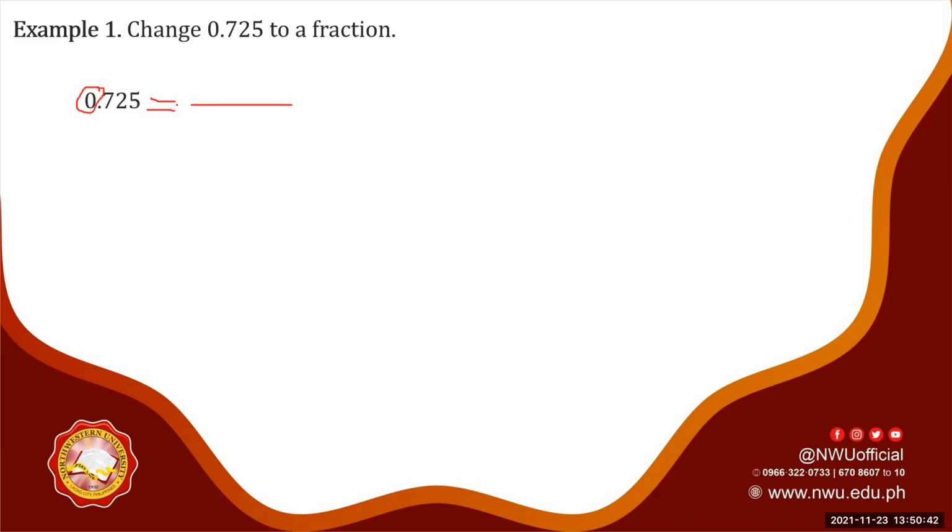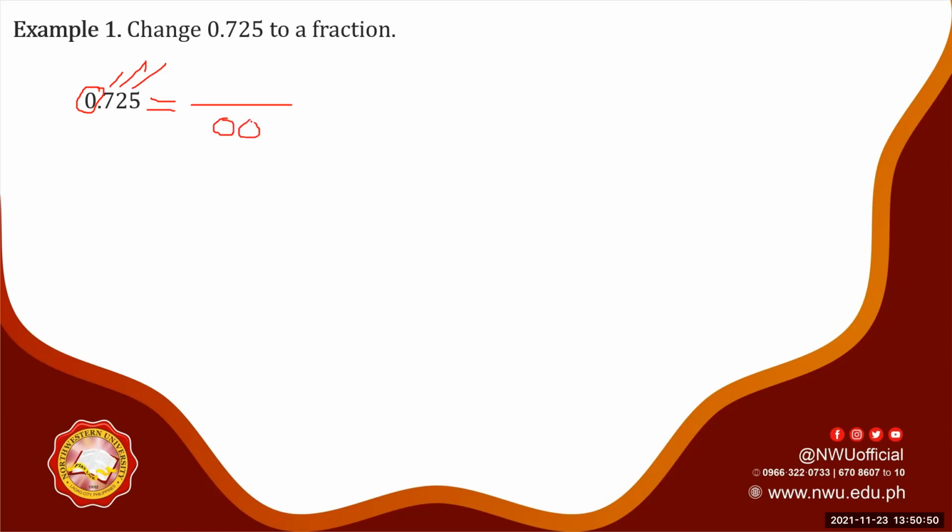Okay? Another example, 0.725. If you would like to change that into a fraction, you will need first to count. Since we have no whole number here, it means it is not a mixed number. So you count this, there are 1, 2, and 3.